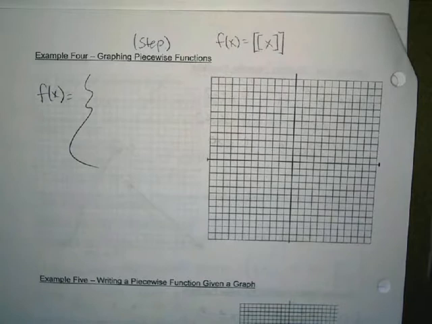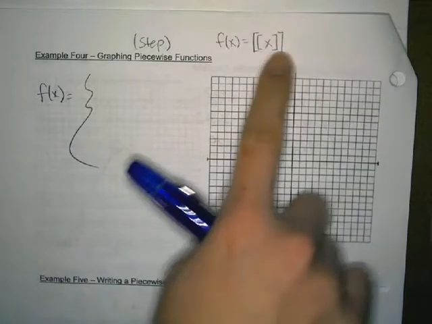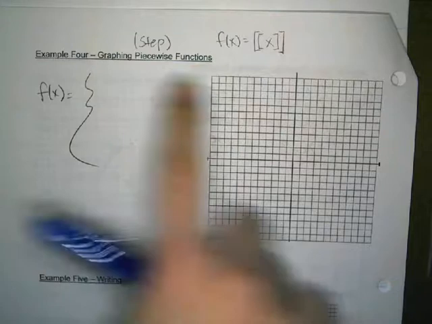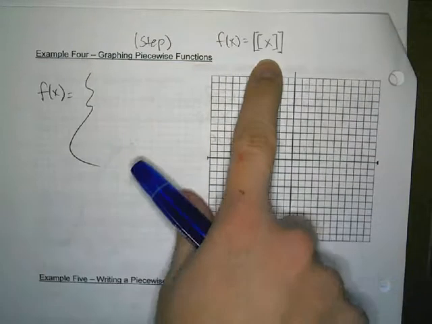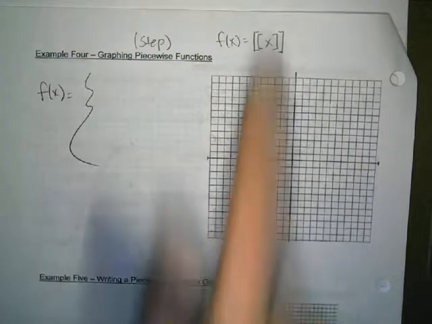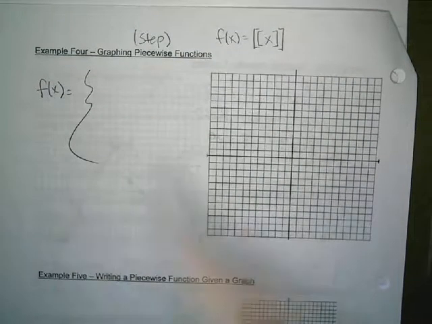I'm going to write it as a piecewise instead of with these brackets because that's a more common way, but I do want to show you this in case it pops up. It means the same thing that we're going to be doing now.